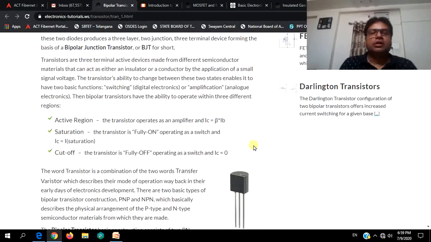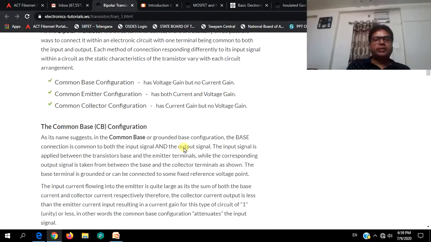When we talk of the actual working of the BJT, it is divided into three regions: active region, saturation and cutoff. This can be understood when you see the characteristics of the BJT.